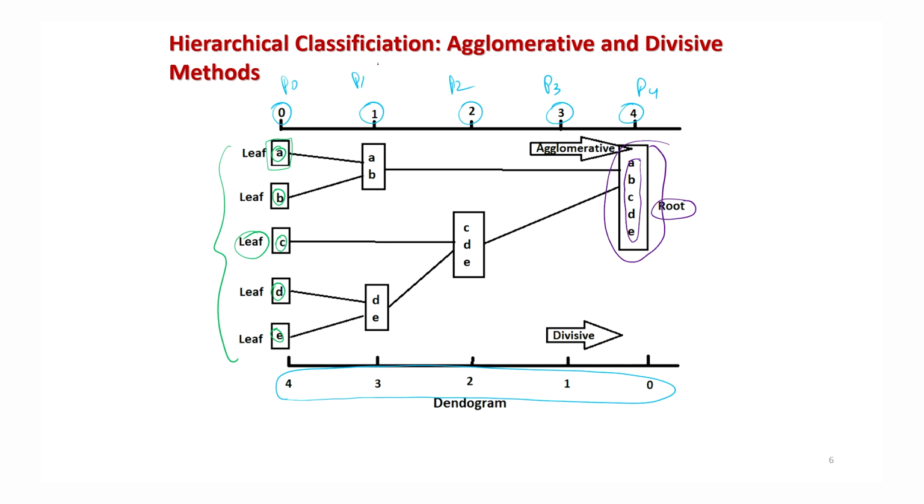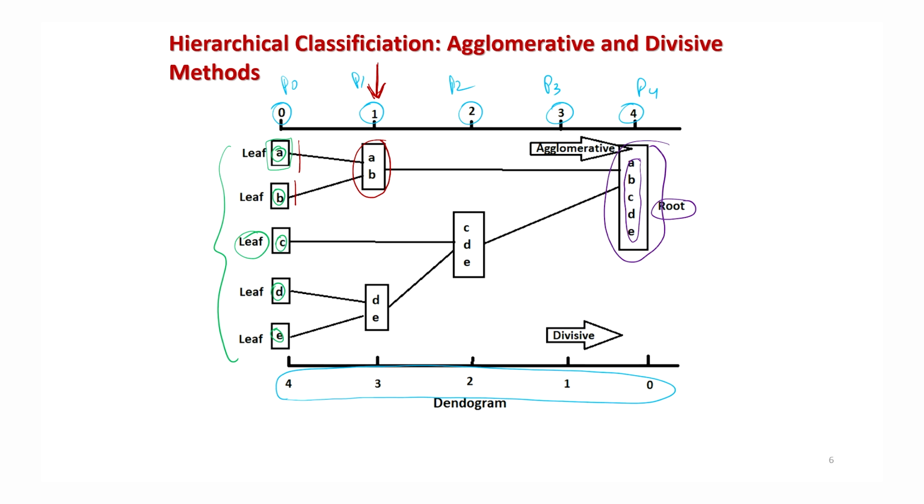Now I am using a different color of pen. Here, A and B, using some distance measure, have been found to be close to each other, so we merge them into one cluster.